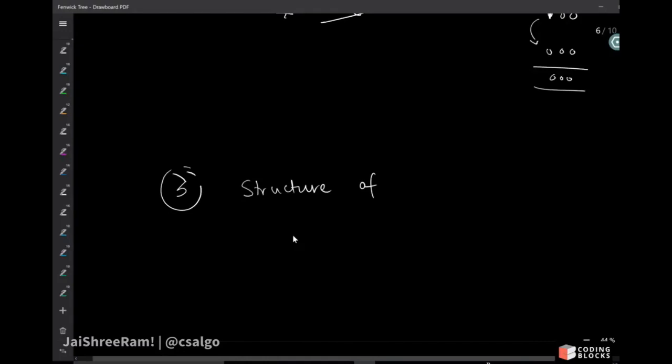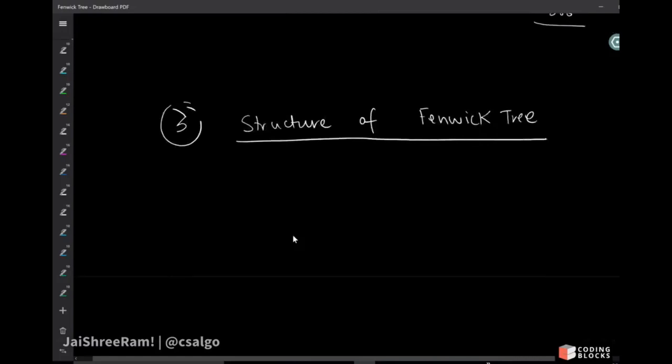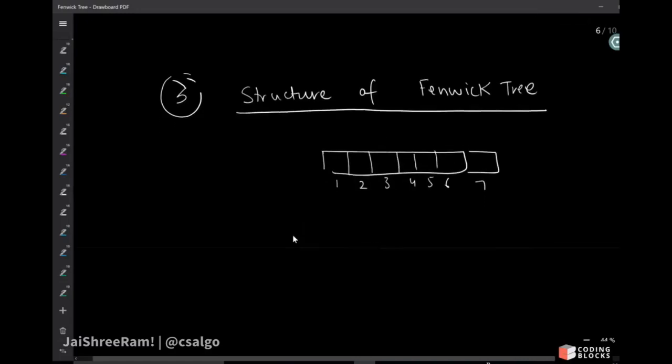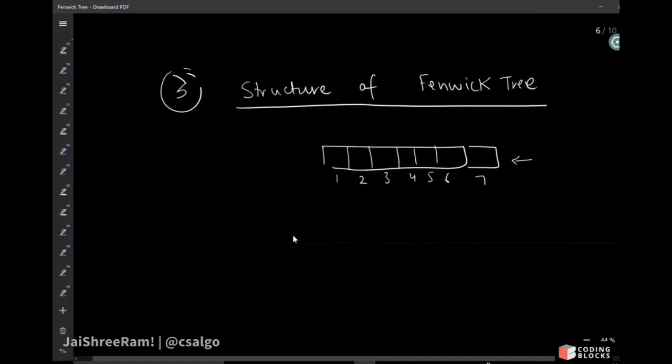Suppose I have an array, and these are the elements of the array and these have some indexes, right? So 1 2 3 4 5 6 7 and so on. So these are the indexes. This is my original array A, right?